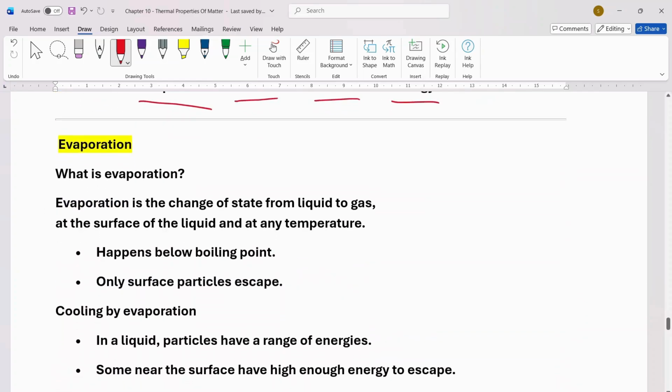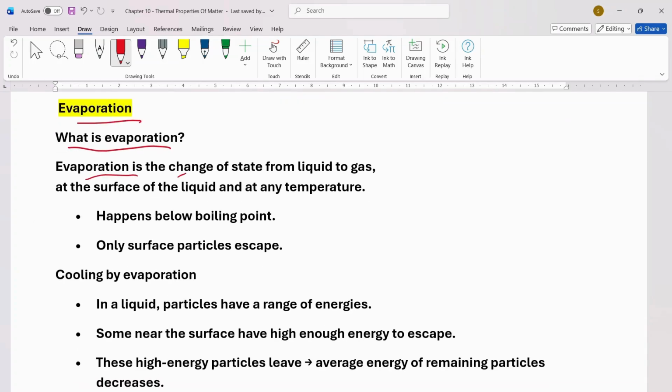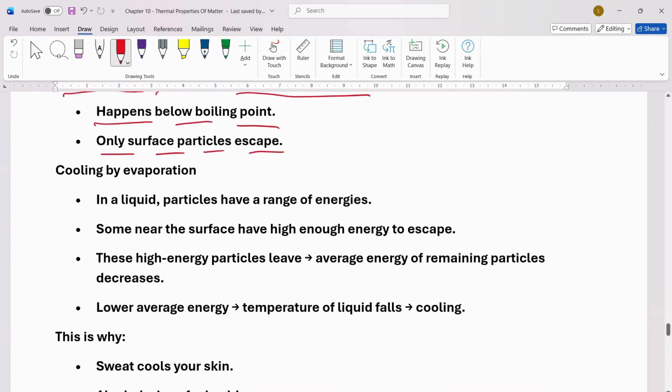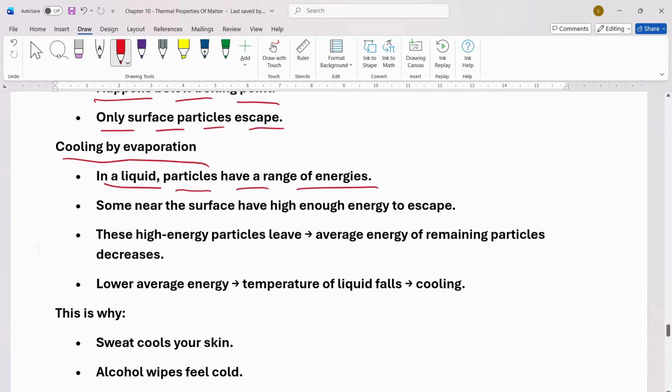Now let's discuss evaporation. What is evaporation? Evaporation is the change of state from liquid to gas at the surface of the liquid and at any temperature. It happens below boiling point. Only surface particles escape. Now, cooling by evaporation: in a liquid, particles have a range of energies.